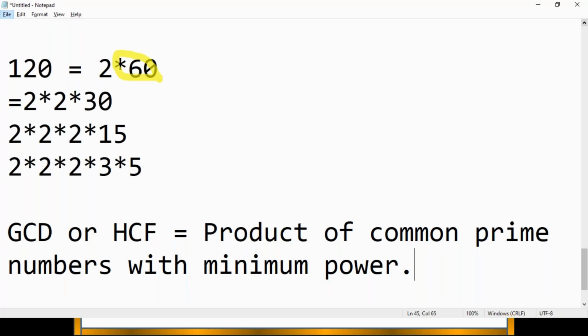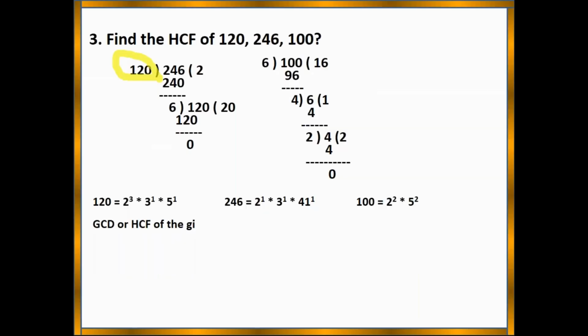Once you write each number as its prime factorization, take all the common prime numbers of 120, 246, 100. Here the factors are 2, 3, 5. Here 2, 3, 41. Here 2, 5. Which one is the common factor among 120, 246, 100? 2 is the common among all three. 3 is not common because 3 is not a factor of 100.